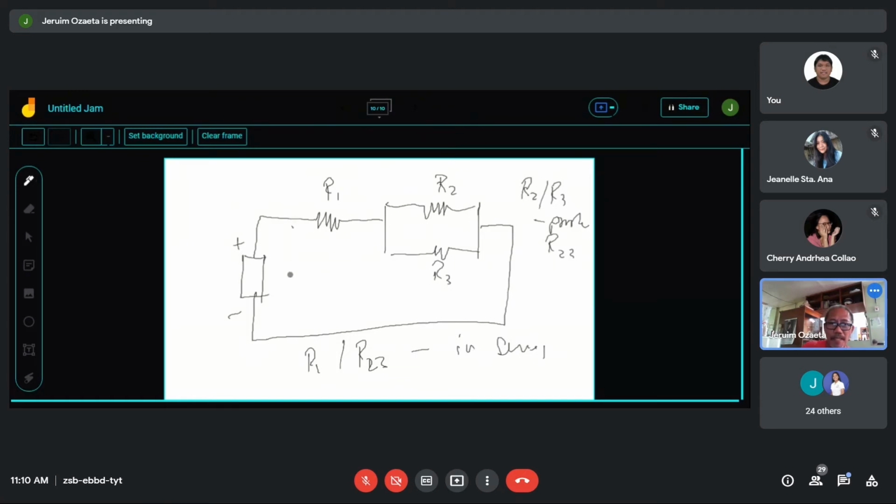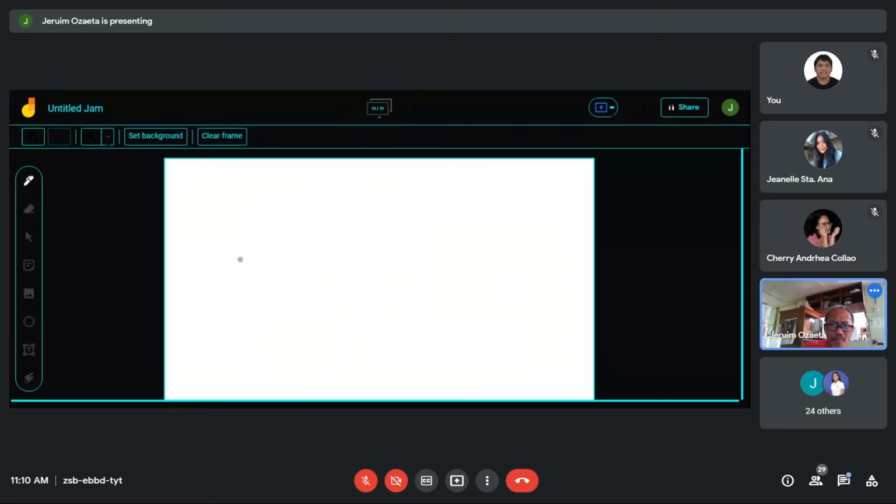So you actually can represent this in another drawing. You actually can represent two circuits as one circuit. So this is your R1 and R2, R3.